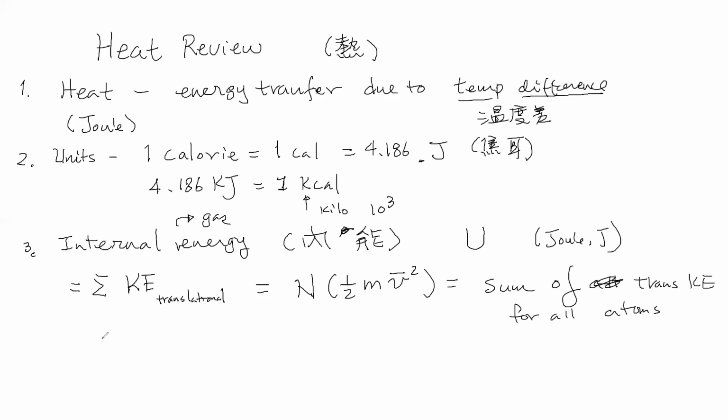So this U is equal to, if you go and using the equation, the Ke bar. So this M is for 1 atom. And this N is total molecule, total number of molecule.